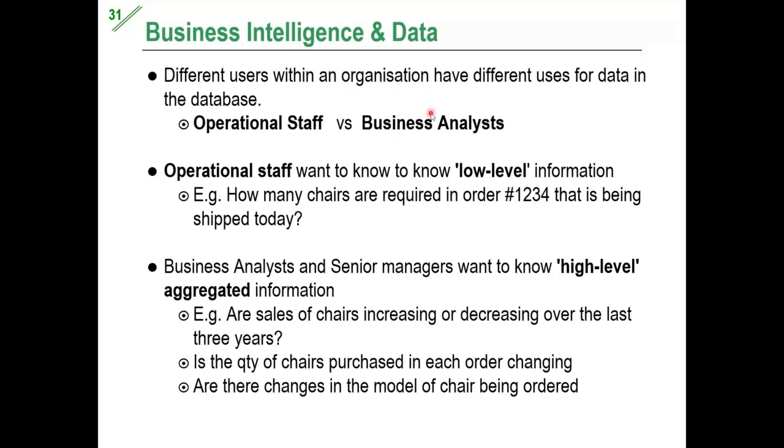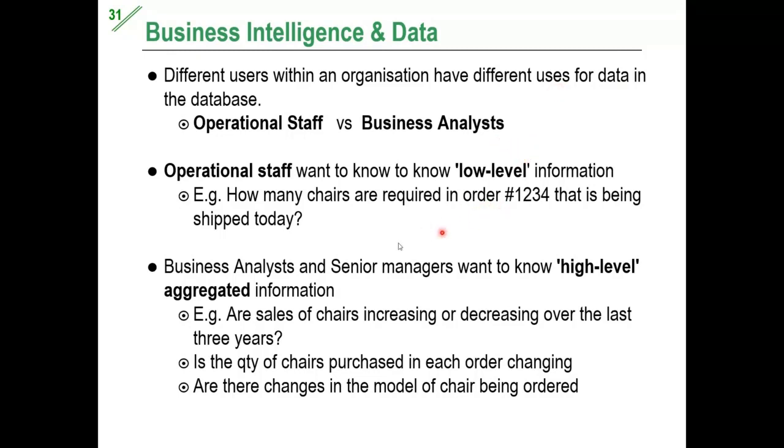There are different users in companies, right? For example, if you go to Woolies or Coles, you have daily operations, right? Staff who are working on the daily operations, operational staff. And then we have certain high level managers like business analysts or middle level managers who are interested in more aggregated information to make decisions.